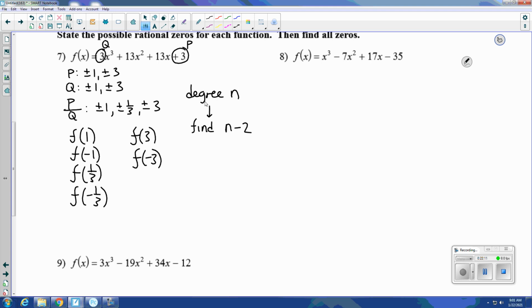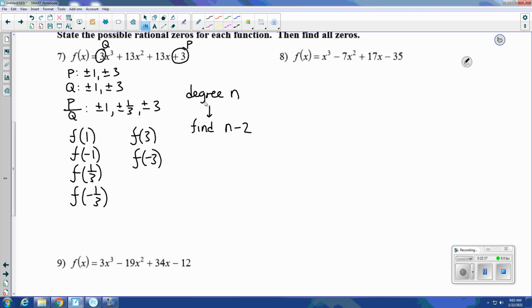If you can't find n minus 2 zeros from the list, there's probably a really good chance that another method could have been used. Maybe there was a factoring method that could have been used to find the additional zeros you're looking for. But if you're convinced that there's no factoring method to be used to solve the polynomial, whatever the degree is, subtract 2, that's the number of zeros you're looking for from your list.